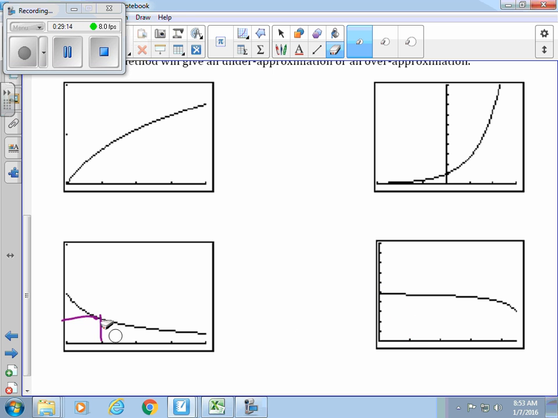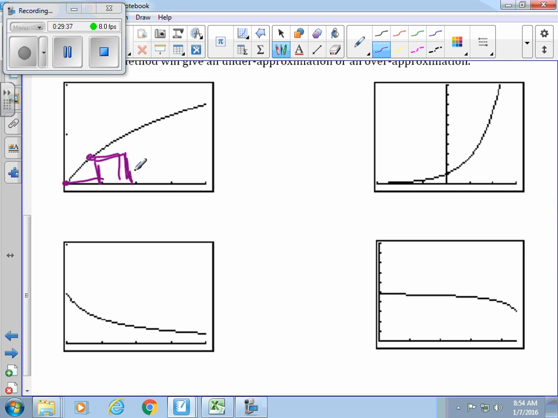Without drawing the pictures, what do you think about LRAM? Probably the opposite, right? LRAM, and I'll draw one of the pictures. If I am increasing, an LRAM is definitely an under approximation. Now, if you forget this, could you draw a quick picture and figure it out? Yes.